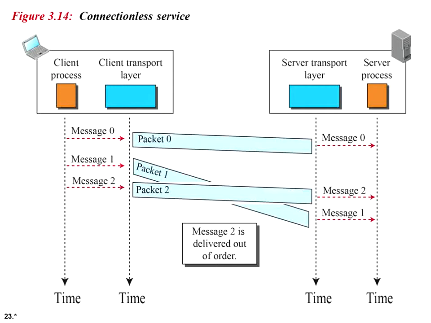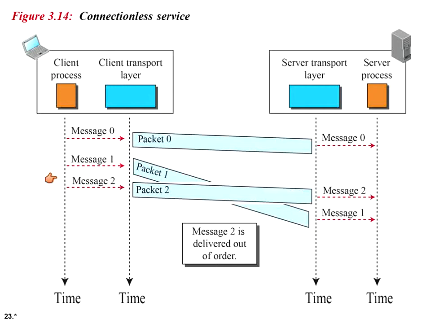So this figure shows that at the client side, the 3 chunks of messages, that is message 0, message 1 and message 2, are delivered to the client transport layer in order 0, 1 and 2.